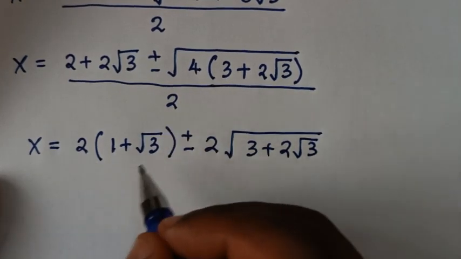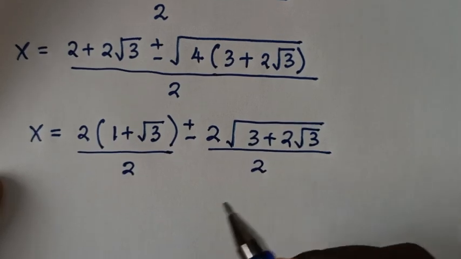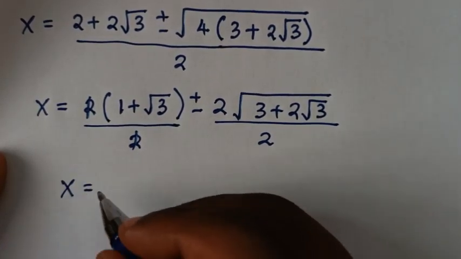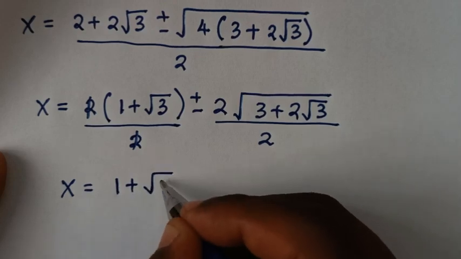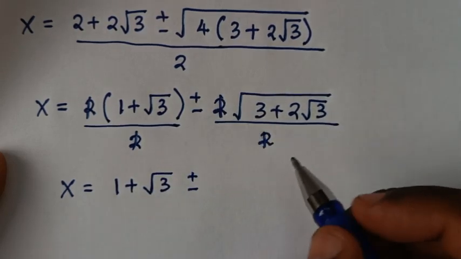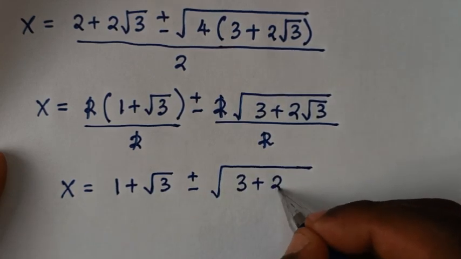So these 2 will be divided into here, so here over 2 and here over 2. So this and this will cancel, then it will be x is equal to 1 plus square root of 3 plus or minus, this and this will cancel, so it will be square root of 3 plus 2 square root of 3.